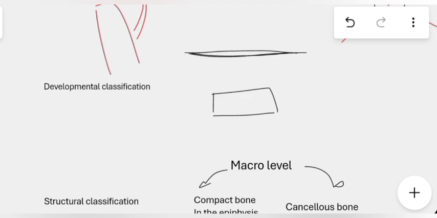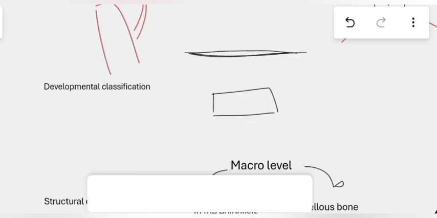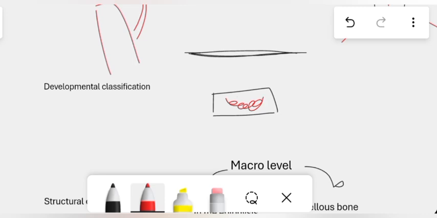But if they were derived from a cartilaginous model, which was laid down and then slowly calcified and became a bone, that is known as a cartilaginous bone. And then we have some bones which are known as membranocartilaginous. They have both types of origins.